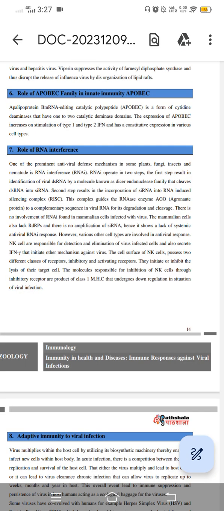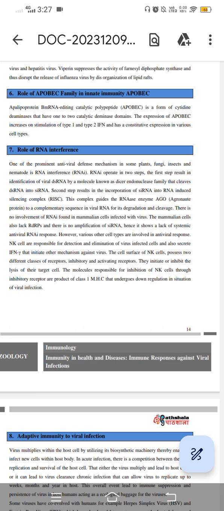The second step results in the incorporation of siRNA into the RNA-induced silencing complex, RISC. This complex guides the RNase enzyme AGO to a complementary sequence in viral RNA for its degradation and cleavage.